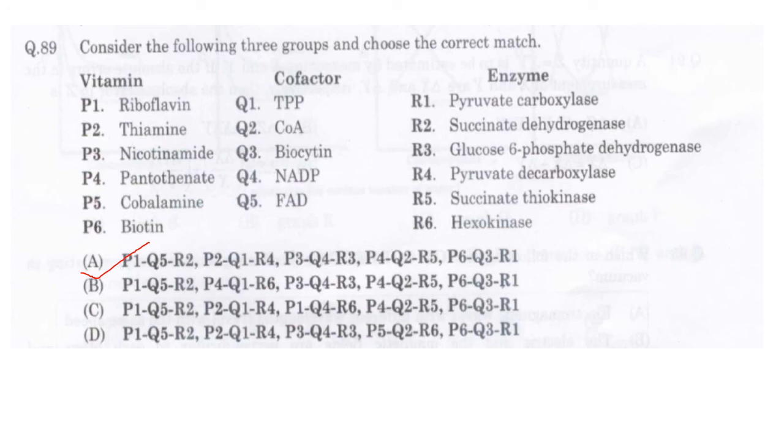And the next one, nicotinamide is for NADP. So P3Q4. NADP is for the enzyme glucose 6-phosphate dehydrogenase. And next one, pantothenate is for coenzyme A. Cofactor is coenzyme A, and succinate thiokinase is the enzyme.